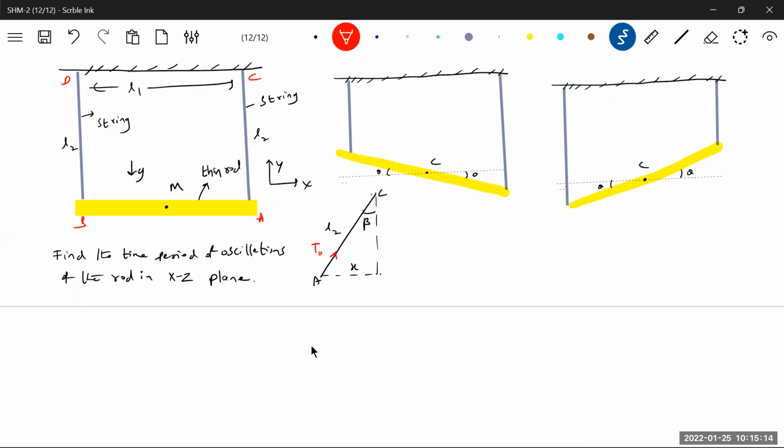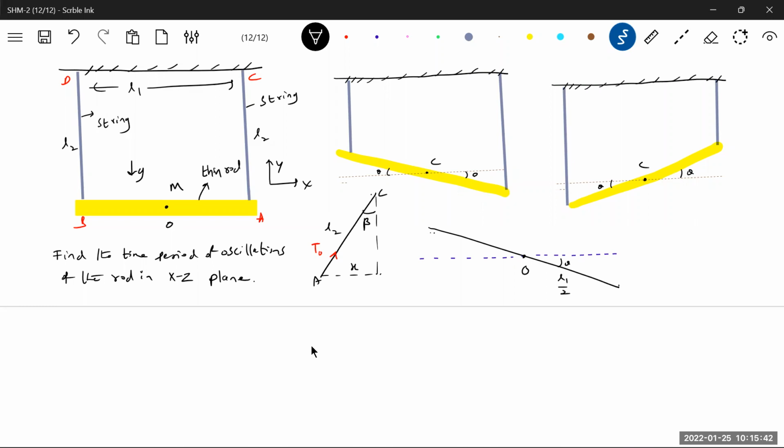Then, we are still not able to understand, so let me take this. This will be the position, no? This will be the rod. Regarding tension, let me show it. This is the point O. This is theta.